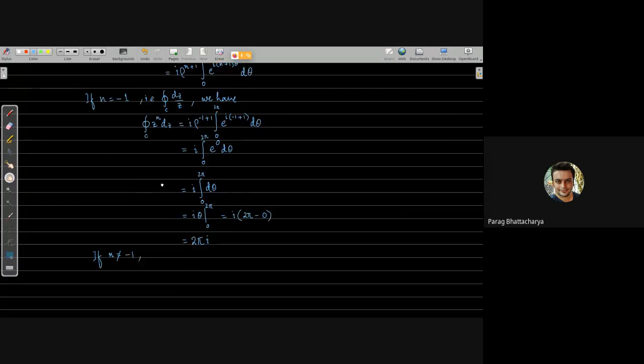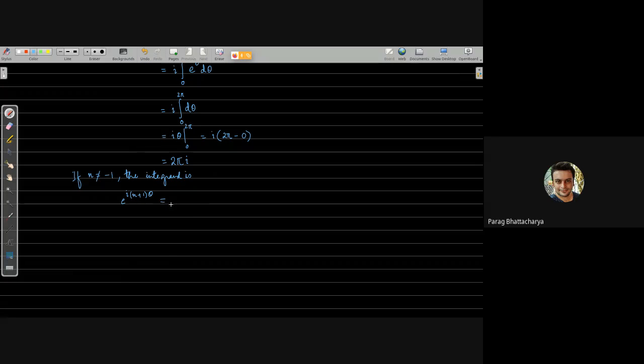Okay, but what if n is not equal to -1? In that case, what will happen? Let's look at only the integrand. What is the integrand? The integrand is e to the power i n plus 1 theta.